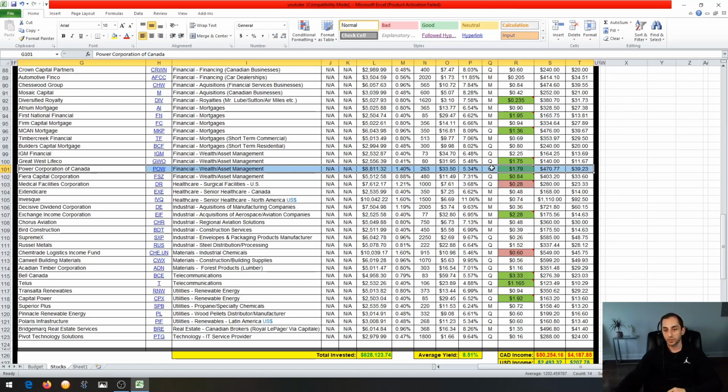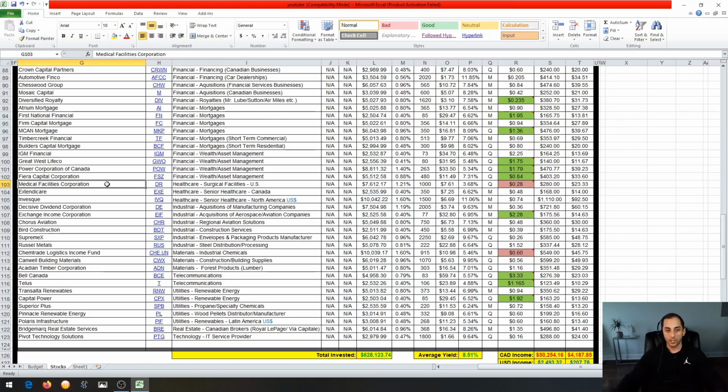I think they've been around for like 100 years, and these guys all pretty much keep raising their dividend, which is good. Then I have Fiera Capital Corporation, another wealth management company in Canada, not as big as Investors Group, but their dividend yield is really good, and they too have been raising it, so a really good sign.